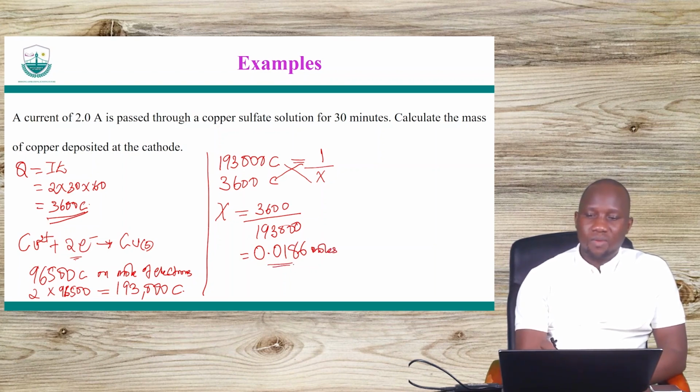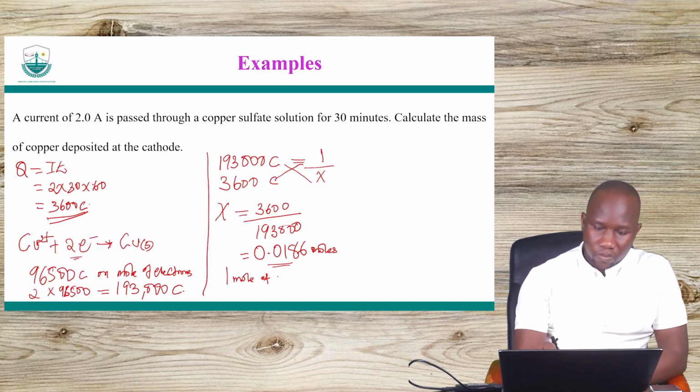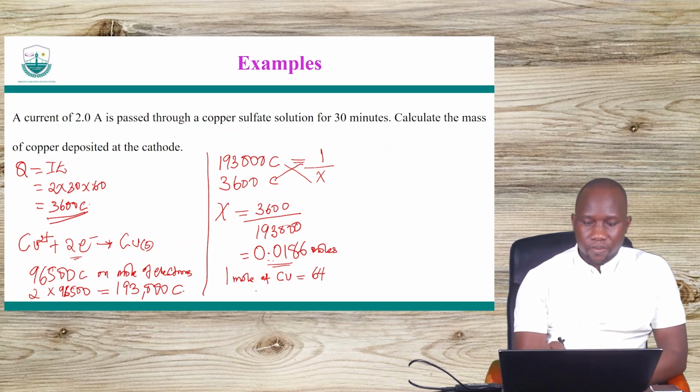Now convert these moles to mass. You know that 1 mole of copper is equal to 64. So what about those moles? 0.0186 will be equal to what mass? So this will be a multiplication, right?